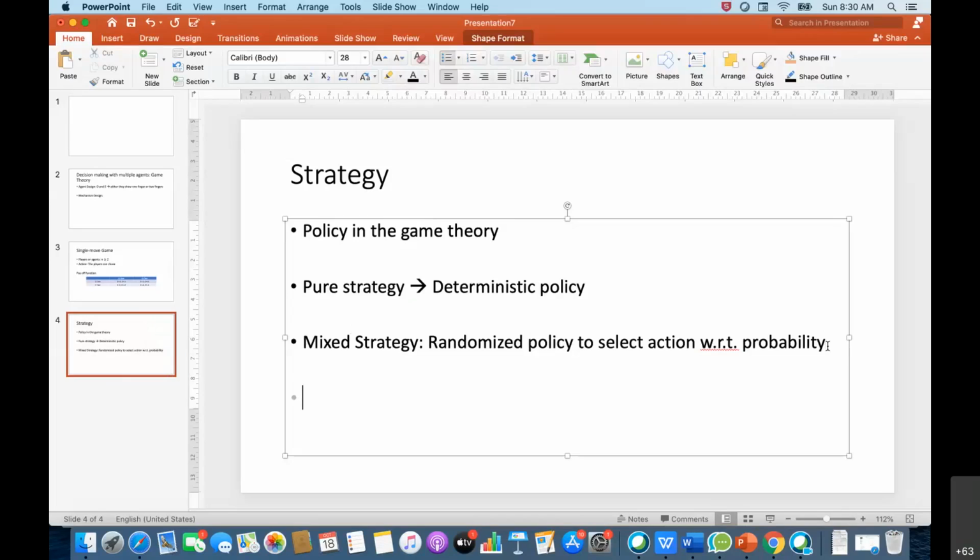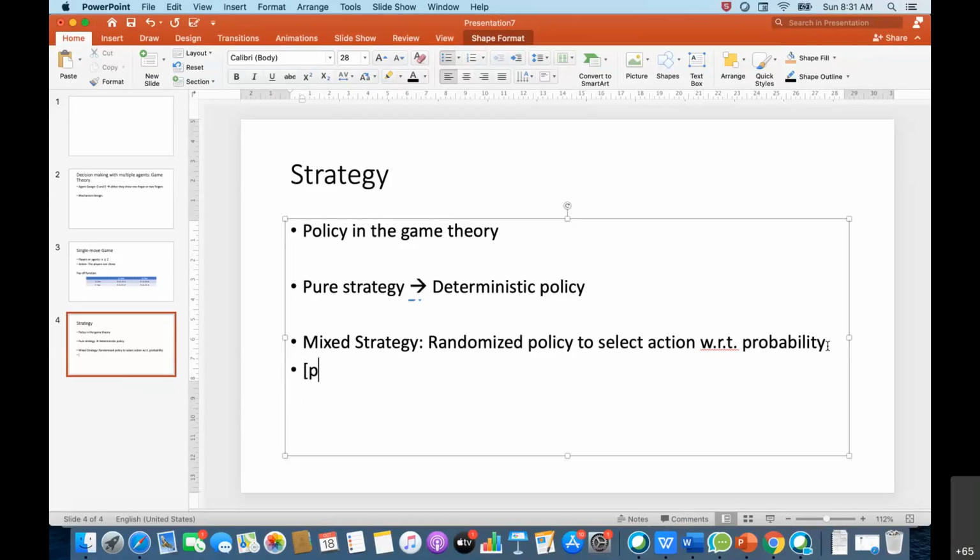If we assign some probability P to 1, then automatically probability 1 minus P will be for action 2. Therefore, this is a mix of these two actions, or you can say that it is a mixed strategy.